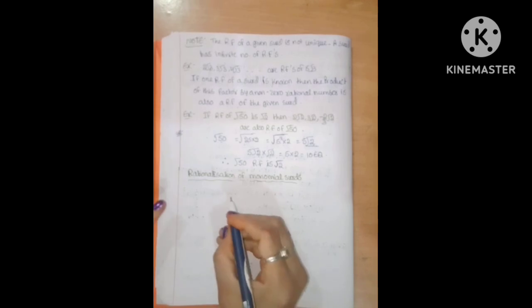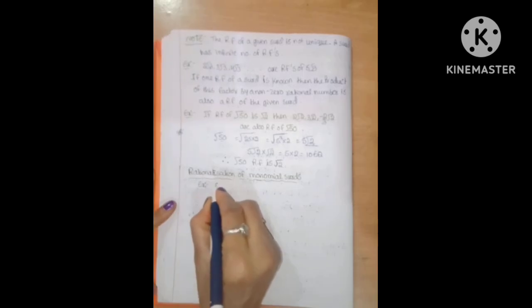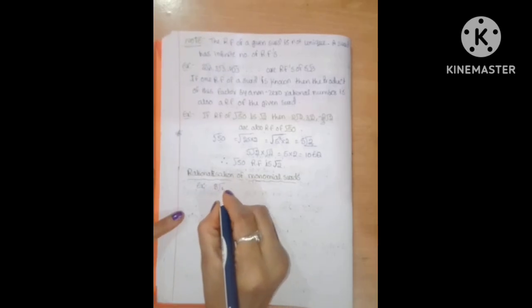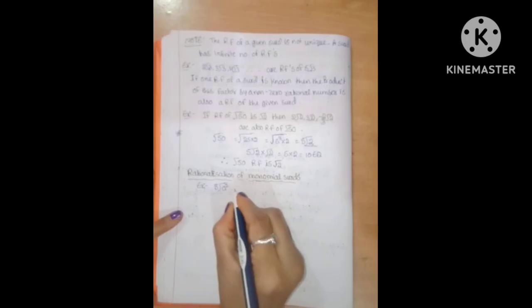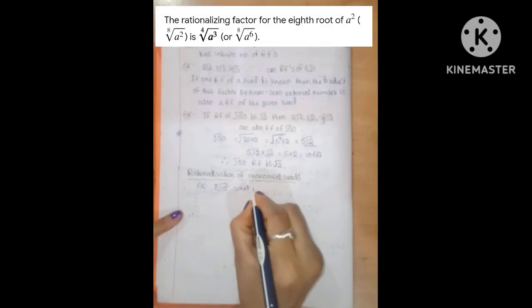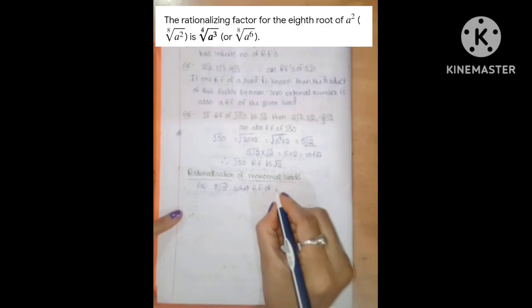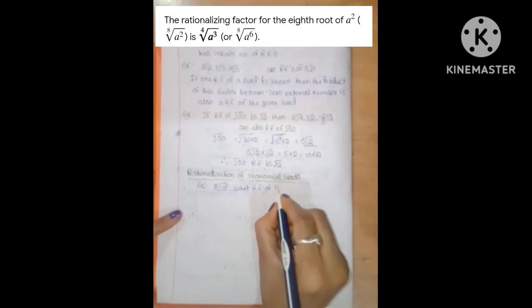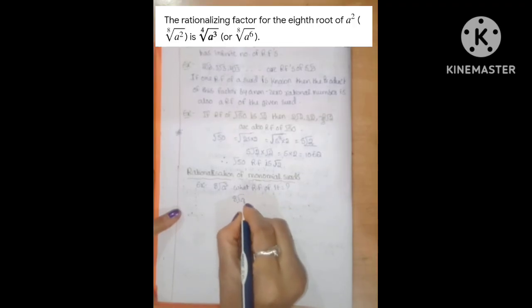So what is the rationalizing factor of one example, 8 root a square? What is the rationalizing factor of this one, Gagan? 8 root a to the power of 6.